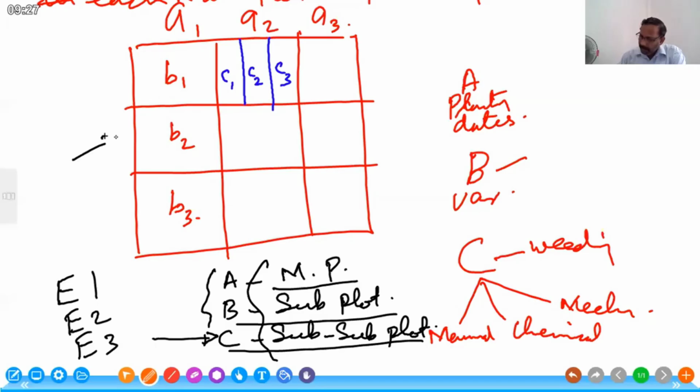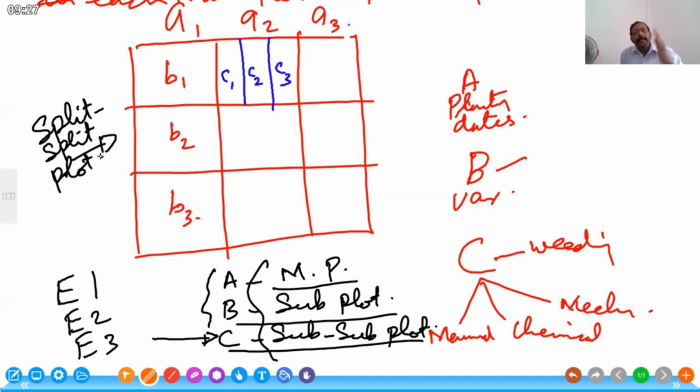Okay. So likewise, this is one step further, the third one. So this is the second type, which I discussed with you just now. This is called split plot.